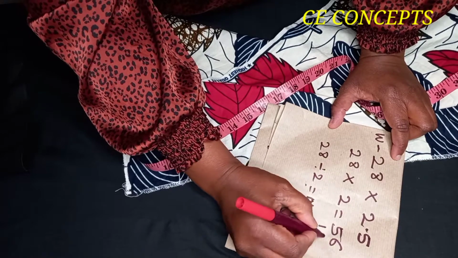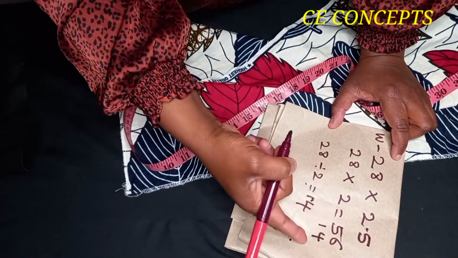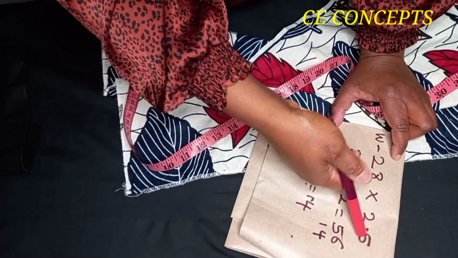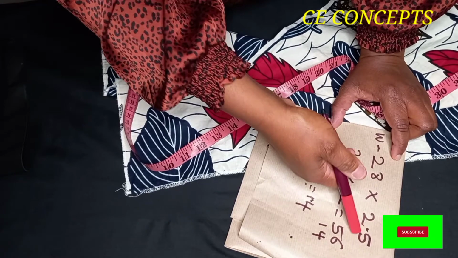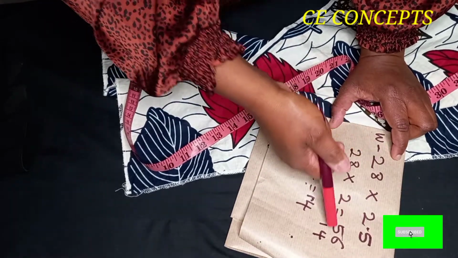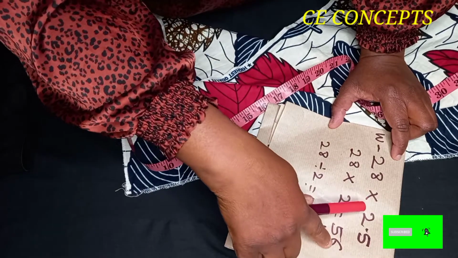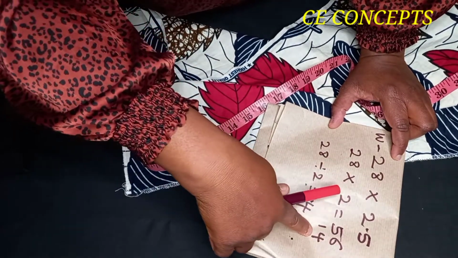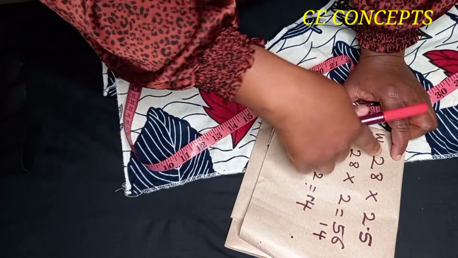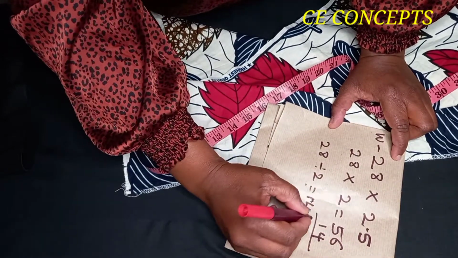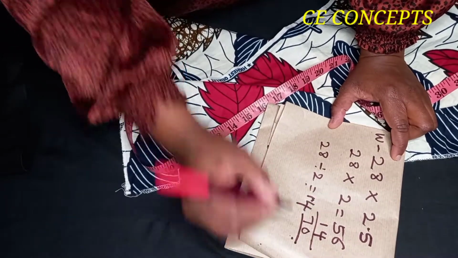So you add 14 to the 56. This 14 is the half. So this is 2.5. The first one is 2, while the 14 is half of the waist circumference. So you add it together, that gives us 70.